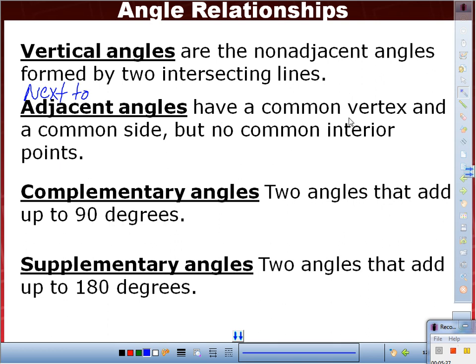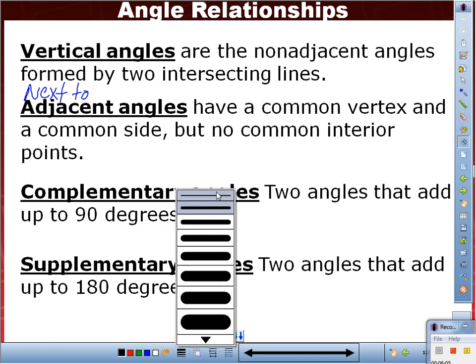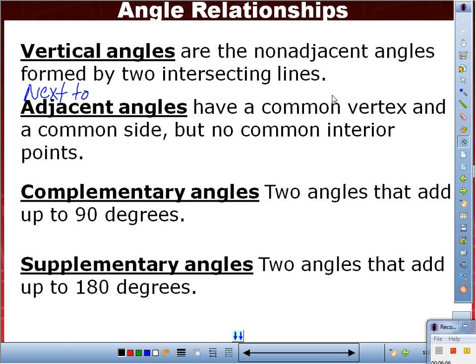It says, have a common vertex and a common side. What does that word common mean? That they share a side and they share a vertex. That means they're next to each other and they share a common side or a common vertex. So I'm going to sketch a diagram up here. Like so. Let me zoom in.